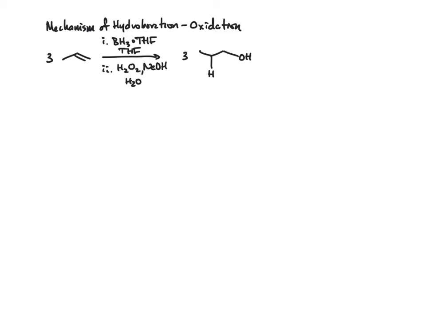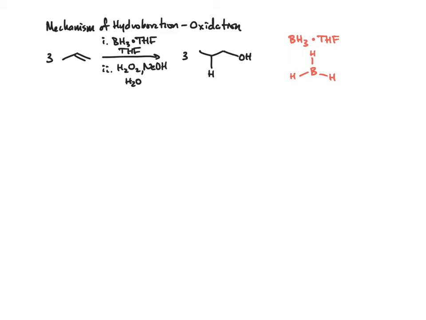So first, a brief review of what borane is. So BH3, then this dot THF. What does that mean? So boron is electron deficient. So if we draw the Lewis dot structure of borane, this is what we come up with.